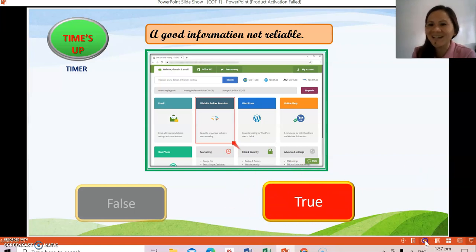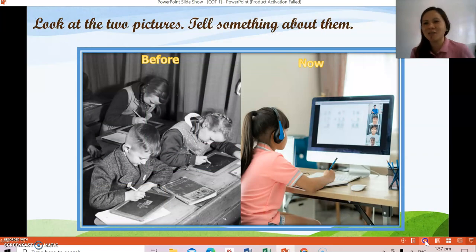Okay, so now let's go to the next picture. Look at the two pictures. Tell something about them. So what can you say? All right, that is great. Before, we were studying using the face-to-face method, but right now we are only having online learning because of the pandemic.